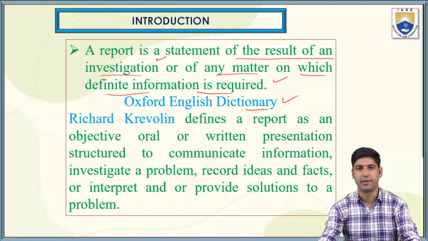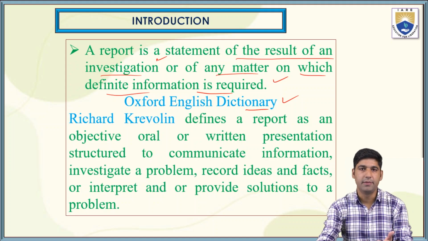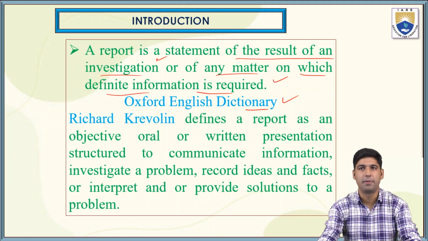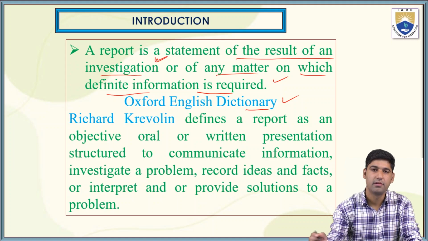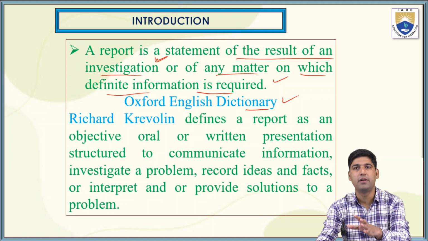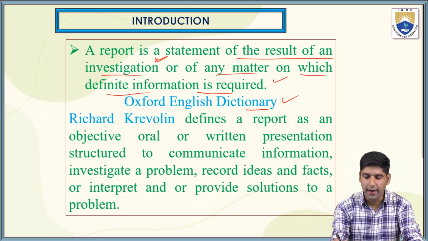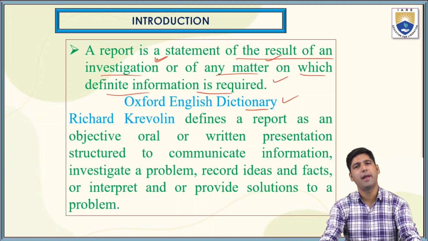It's a statement, an elaboration, or a kind of explanation of the result of an investigation, or of any matter on which definite information is required, or on any other matter.